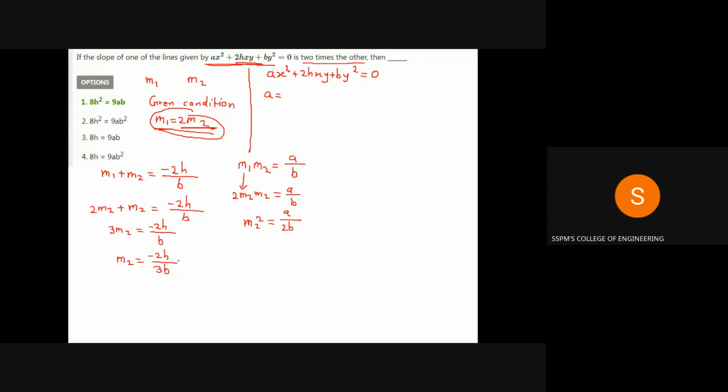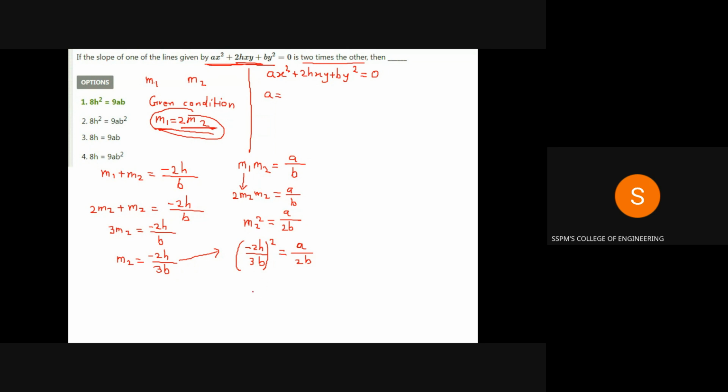So again, now I will put this value of m2 in this equation. The value of m2 is minus 2h divided by 3b, so minus 2h divided by 3b, whole square, is equal to a divided by 2b.